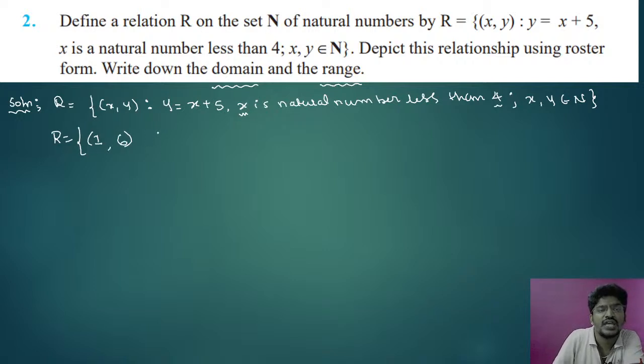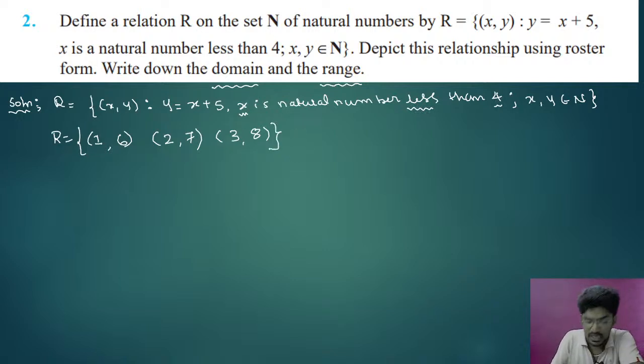Next, x value as 2, 2 plus 5, that will be 7. If I take 3, 3 plus 5, that will be 8. Now I can't write 4 because x value must be a natural number and it should be less than 4. So we have to end this here.